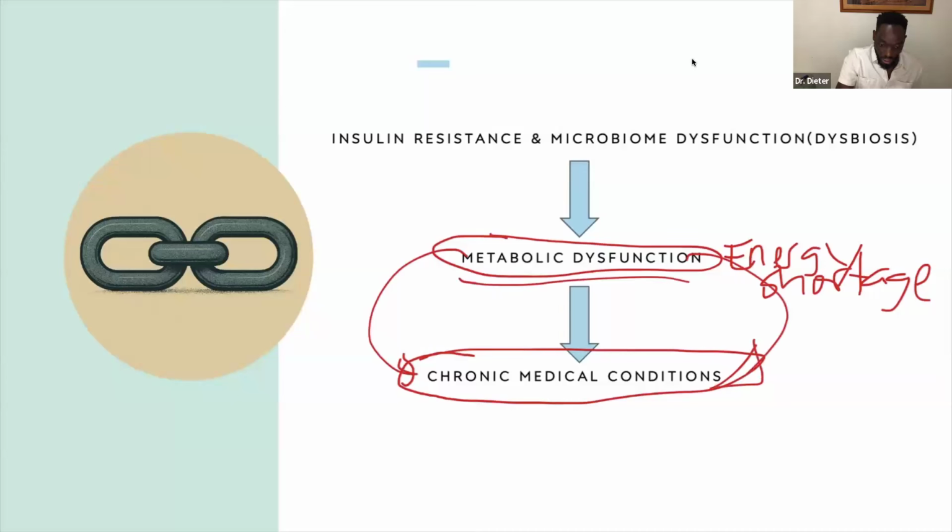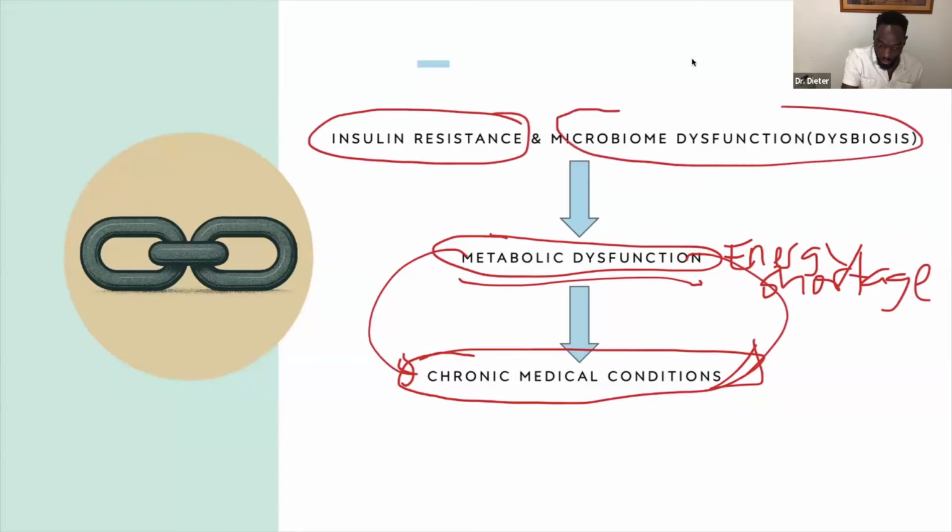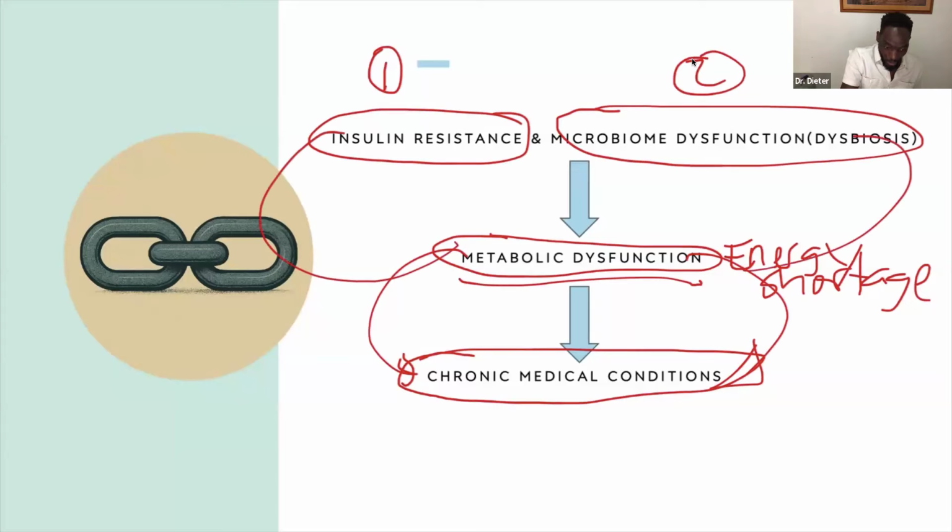That energy shortage is coming from two entities, insulin resistance and microbiome dysfunction. These two entities, number one and number two, result in metabolic dysfunction. And that metabolic dysfunction then drives chronic diseases.